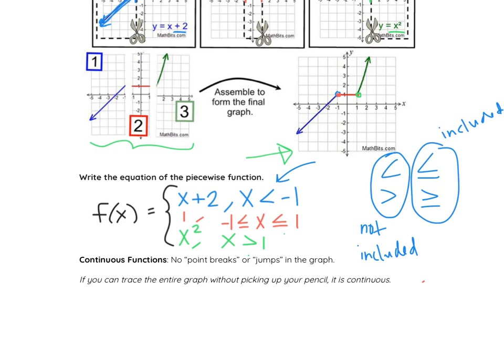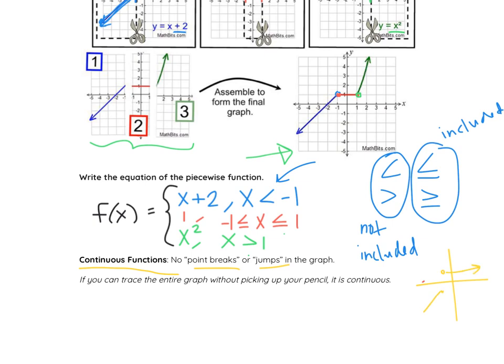But there aren't just open circles, because the other function fills them in. So this is a continuous function. So what's a continuous function? It has no point breaks or jumps in the graph. So a jump would be like if you had a graph that was like this, right?